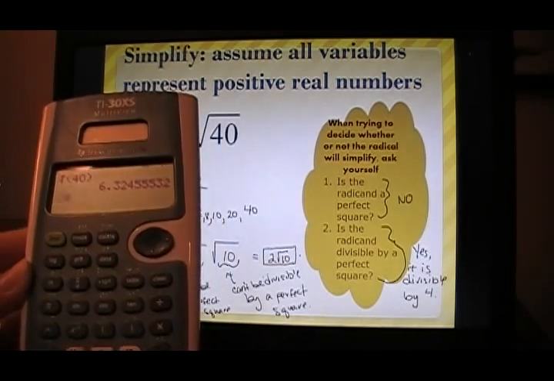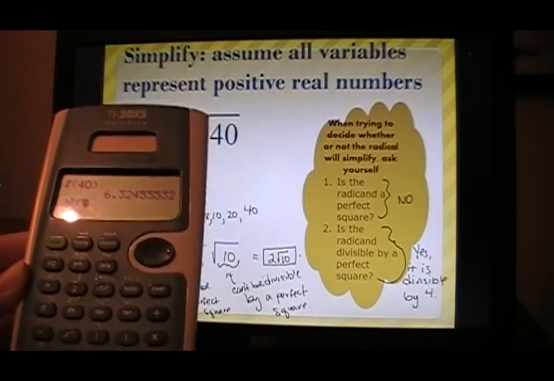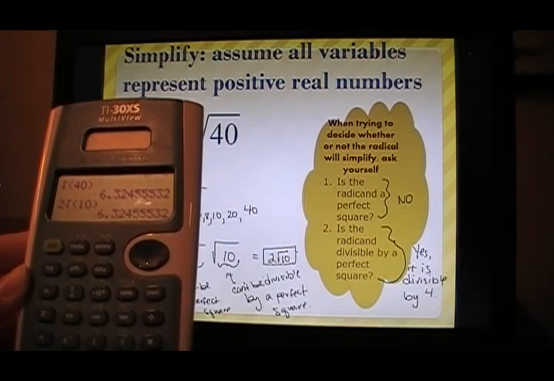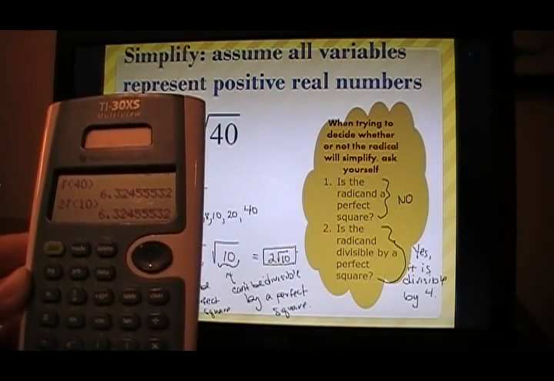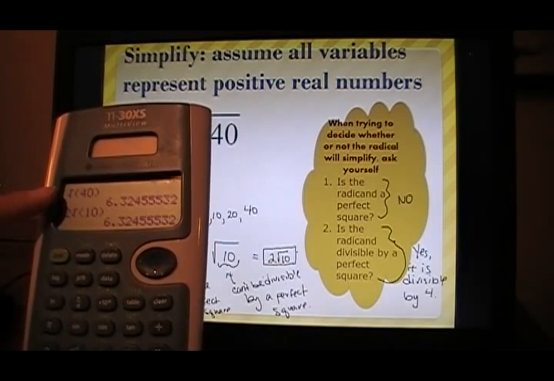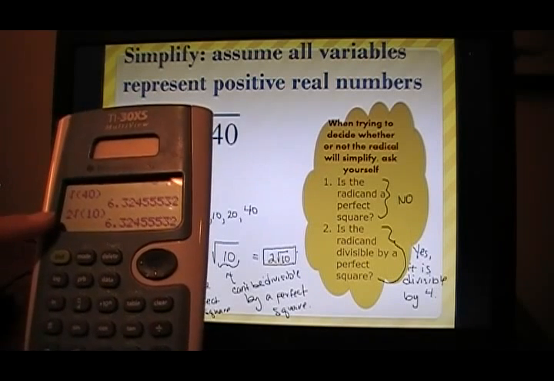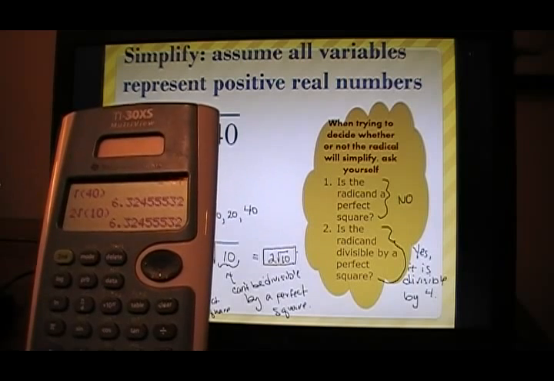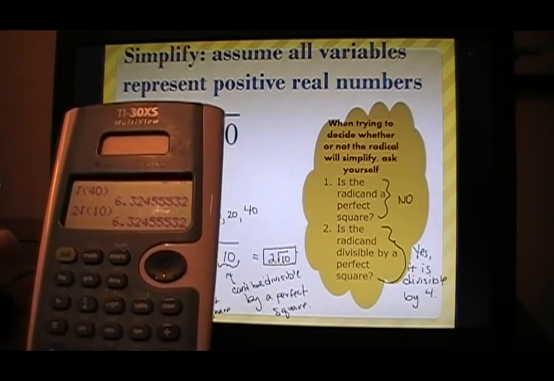If I type in 2 root 10 into my calculator and evaluate it, you see I get the same decimal number. The square root of 40 and 2 root 10 are both notations for something that I can multiply twice to get 40.